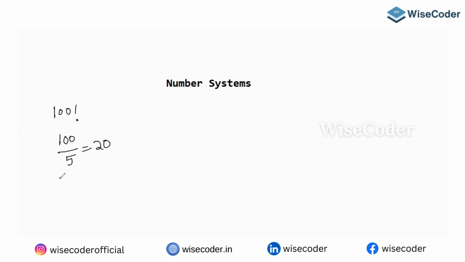So again, 20 is going to divide by 5. Obviously yes. 25 divided by 5 how many times? 4 times.